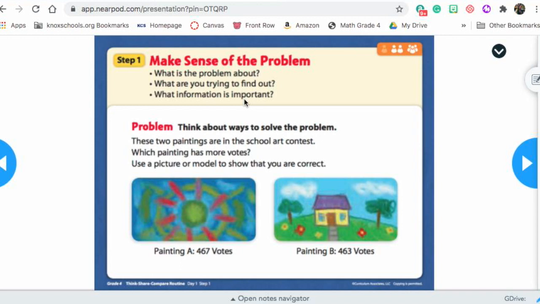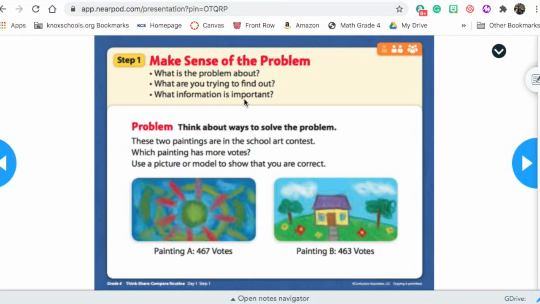So this problem says, these 2 paintings are in the school art contest. Which painting has more votes? Use a picture or model to show that you are correct. Painting A, 467 votes. Painting B, 463 votes. All right, so all I'm thinking about right now is, what is this problem about?